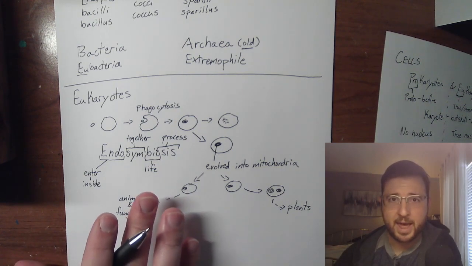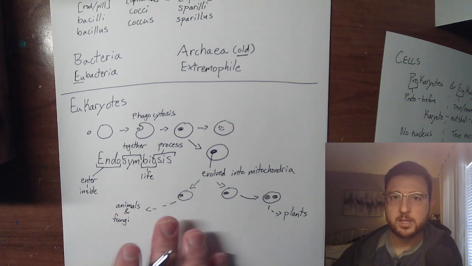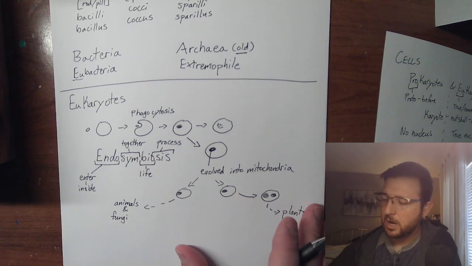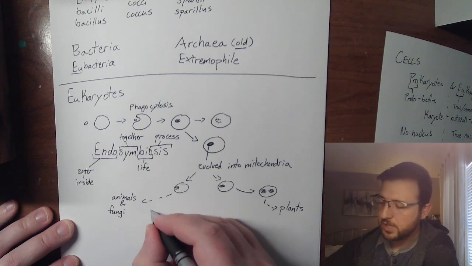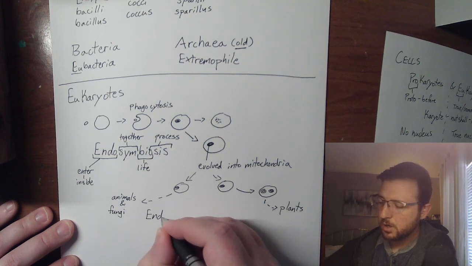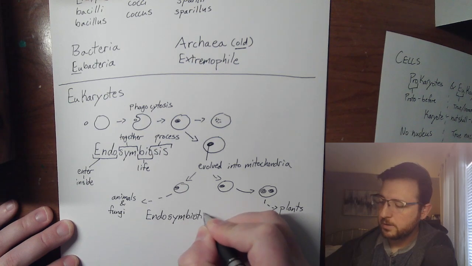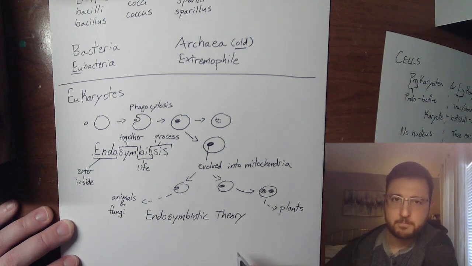So let's look at the cells, right? Let's just look at what an animal cell looks like. Let's look at what a plant cell looks like, and we'll come back to this idea of the endosymbiotic theory. So before we leave it, let's give this thing a name. Endosymbiotic theory. Okay, endosymbiotic theory.